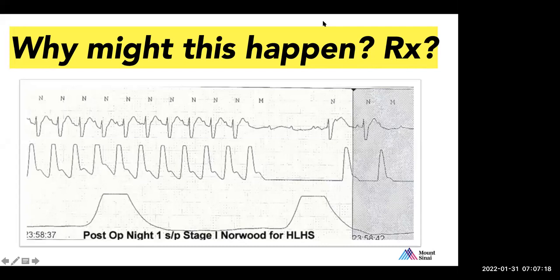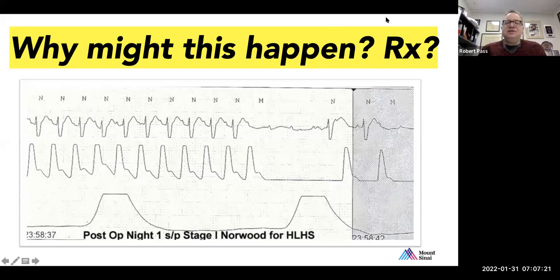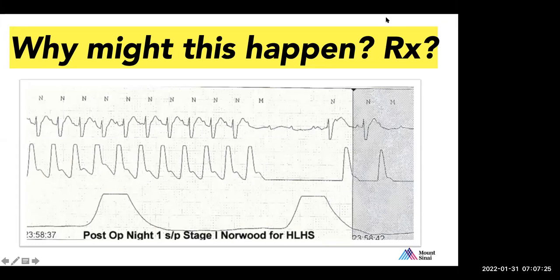Dr. Zawani, what are the components of a stage 1 Norwood? So the components of the stage 1 Norwood. First, we make sure that there is adequate atrial communication, so usually septectomy. And then also we create a shunt between the innominate artery and the pulmonary artery.